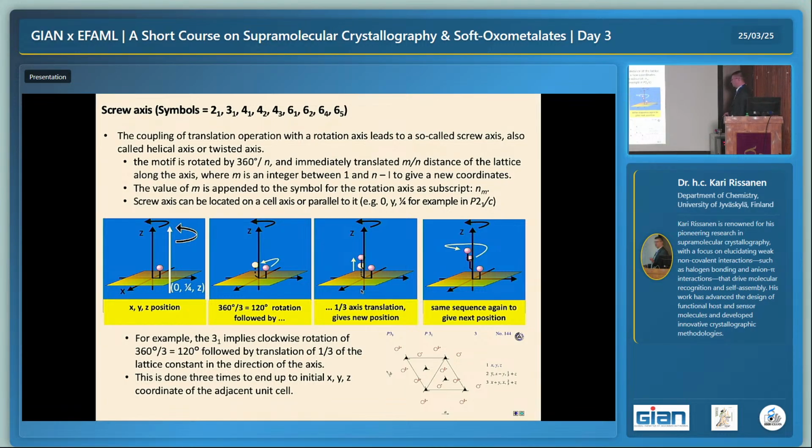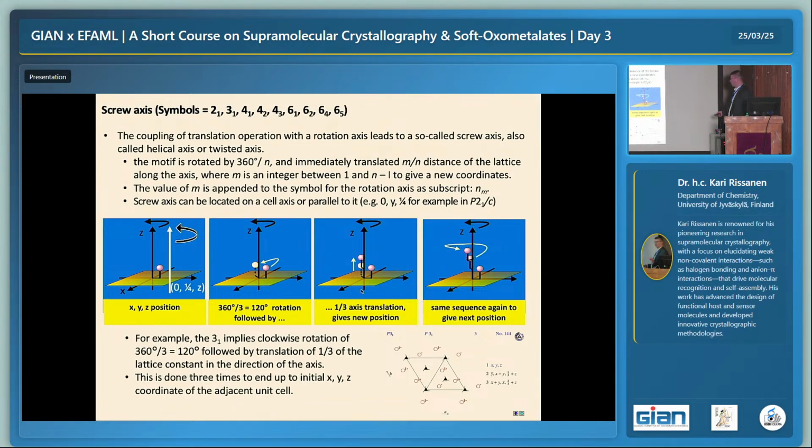Like in here, this is a 3-fold symmetry, so the general coordinates will now create 2 other coordinates. You don't have to memorize these. Now you can see that this name is P31, which is just an indication of the screw axis. You don't have to know this by heart. You don't even have to read the book which contains these. There is a big, thick book where all these are listed.